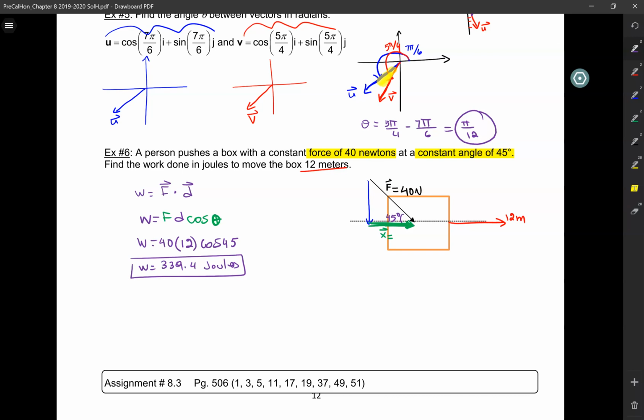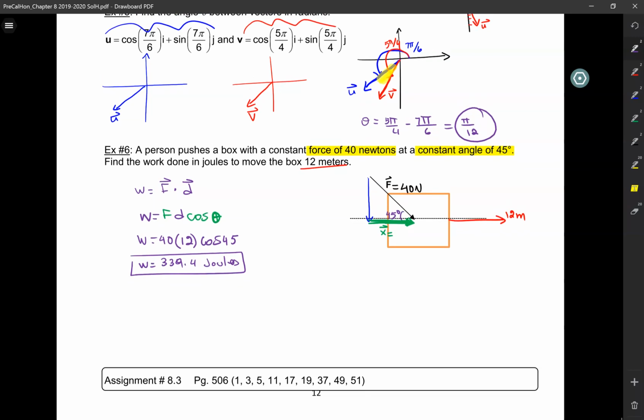It's newton times meter, which is a joule. Now, had we taken the entire force of 40 times the distance, how much would that have been? 480. That's a whole lot more than the 340 units of work that's being done. So that's one way of calculating this.